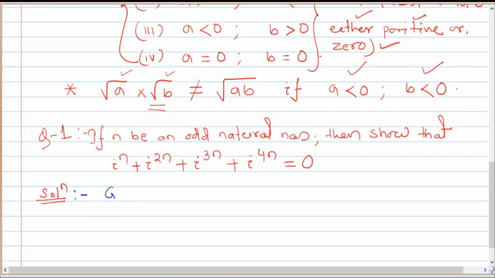Actually, what is given? Given n is an odd natural number.